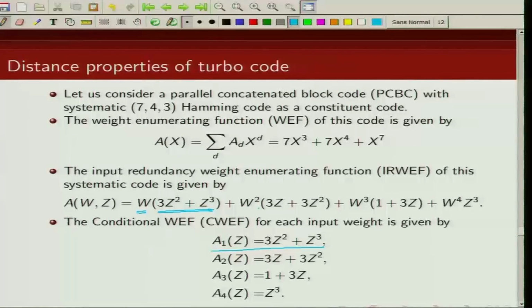Similarly, for input weight 2, the conditional weight enumerating function is given by this. For weight 3, the conditional weight enumerating function is 1 plus 3z, and for input weight 4, the conditional weight enumerating function is given by z cubed.